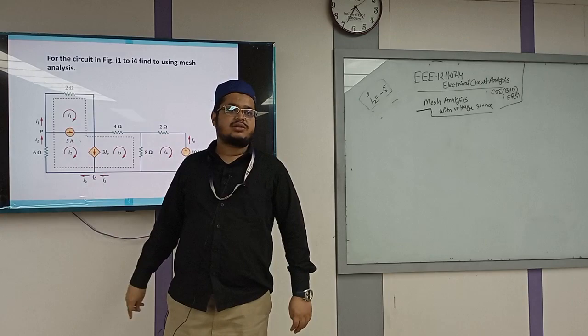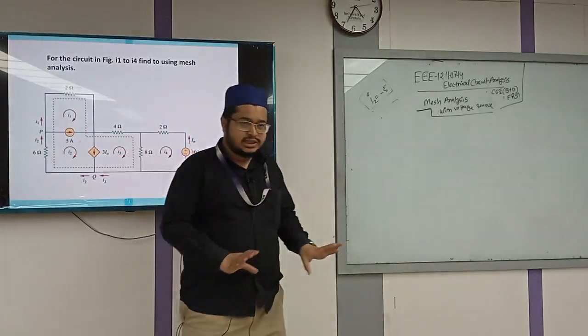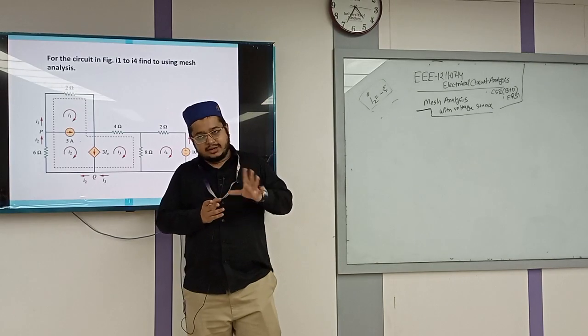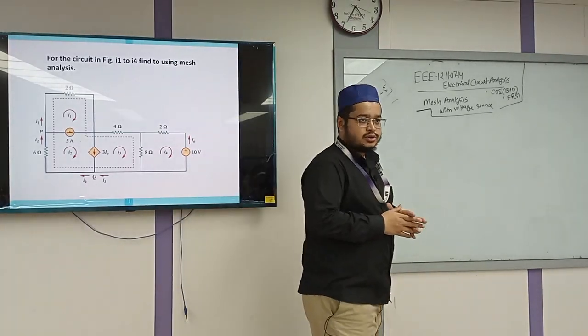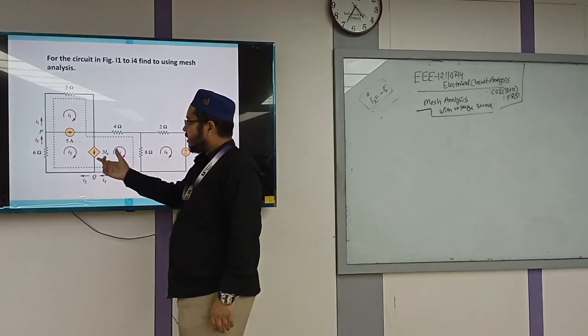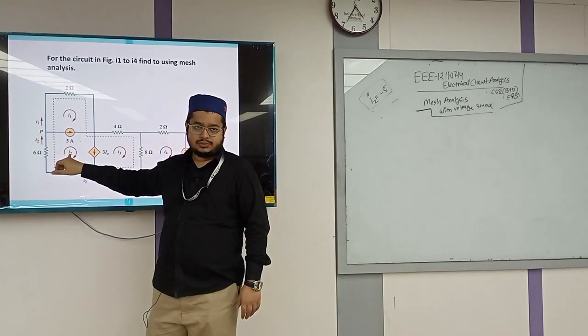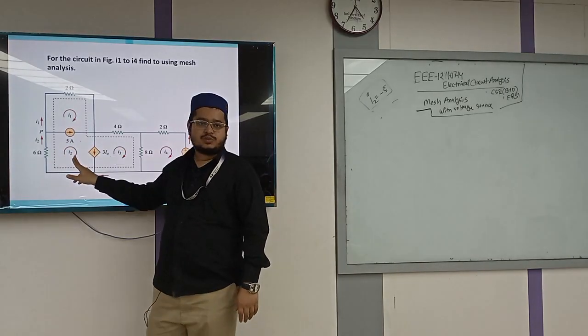When a super mesh appears: if a current source is connected between two meshes, the current source may be independent or dependent. So in this circuit, a current source is connected between these meshes, so these two will form a super mesh.